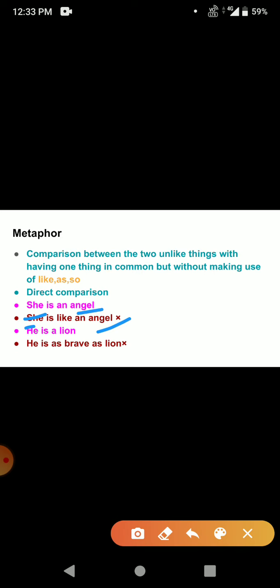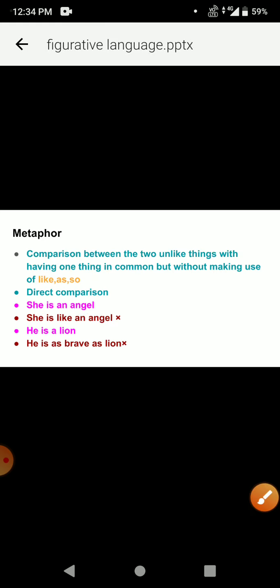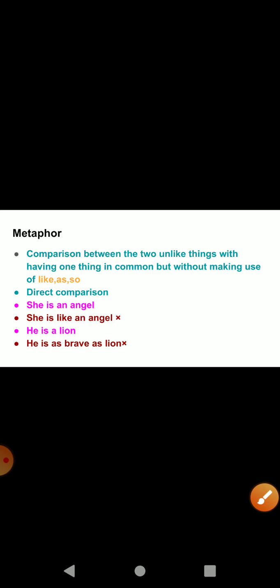So you have to remember this, that in both figures of speech, comparison is made between two unlike things. They have one thing in common, but in simile we make use of "like", "as", "so", but in metaphor we do not use them.